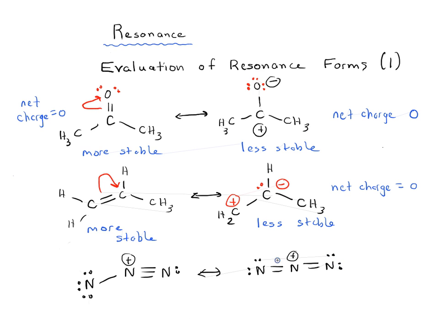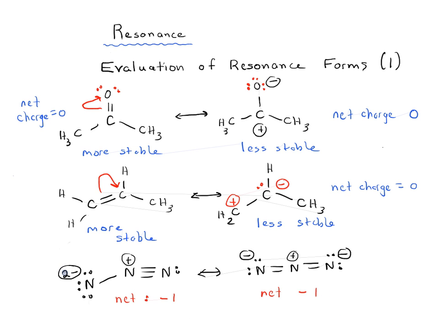And this has a plus charge, this is a minus charge, this is a minus charge, that is a plus charge. Now what's interesting about this is this actually bears a charge of -2. So the net charge is -2 plus 1, still -1, and the net charge here is still -1. But which of these 2 resonance forms do you think would be more stable, the one on the left or the one on the right?